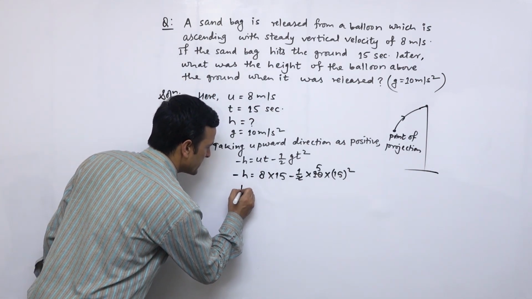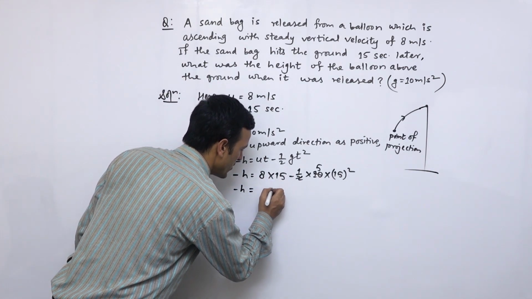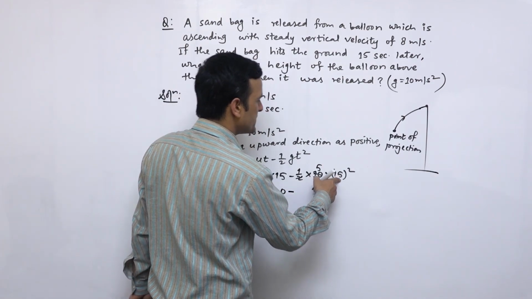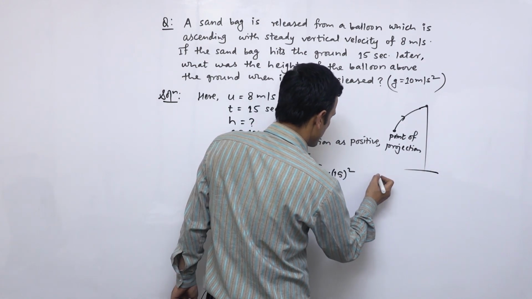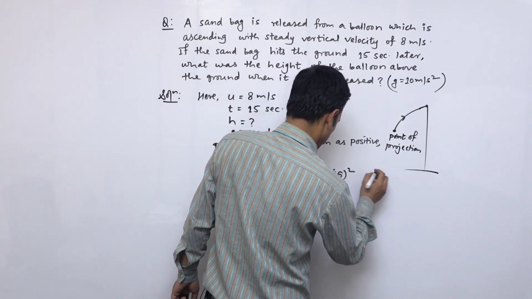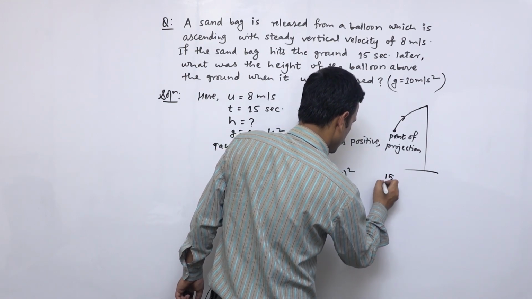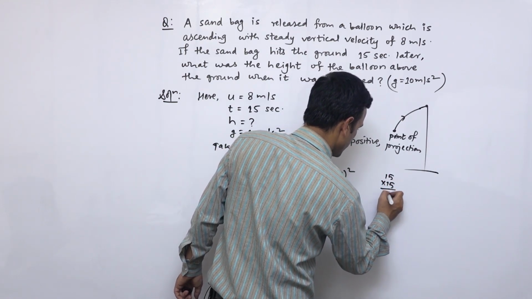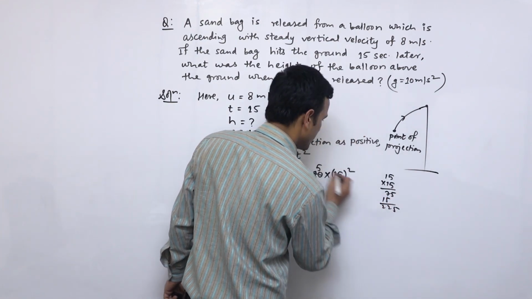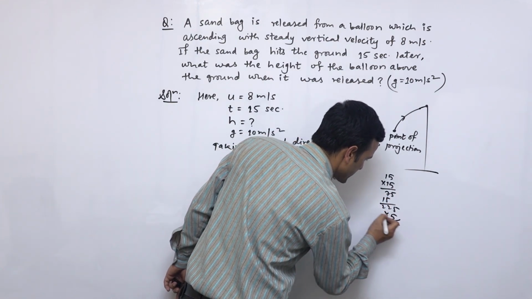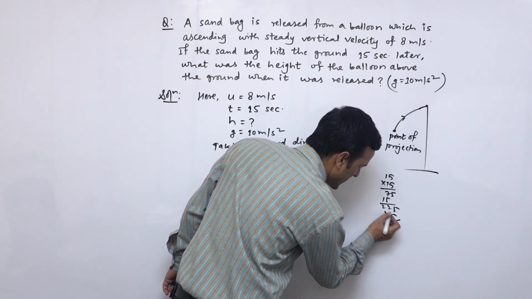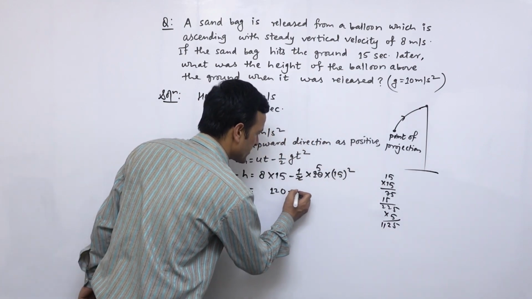Now we can solve it. 15 8s are 120, minus 15 into 15, so 15 5s are 75, 15 1s are 15, 225. 225 into 5 means what? 5 5s are 25, 5 2s are 10, 10 to 12, 5 2s are 10, 10 1 11.